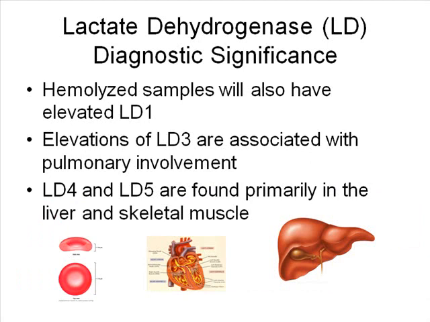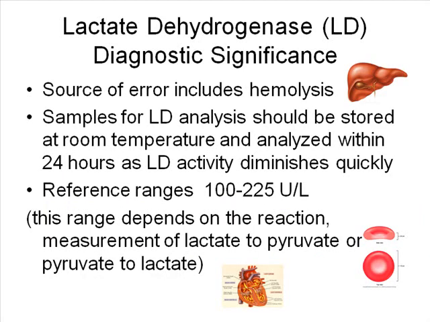There you have, hemolyzed samples have elevated LD1. Elevated LD3 are associated with lung, pulmonary. 4 and 5 go with liver. And some of the things with analyzing, many times LD samples are stored at room temperature and should not be hemolyzed.